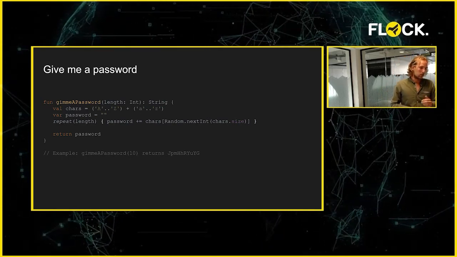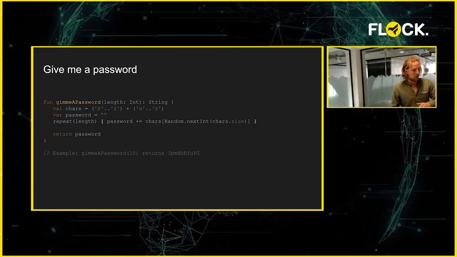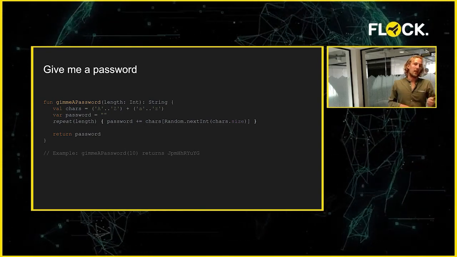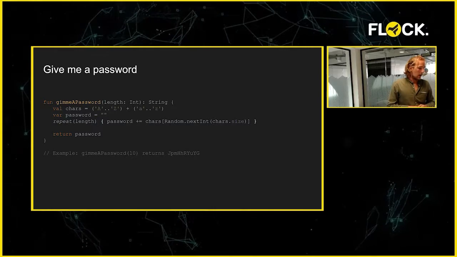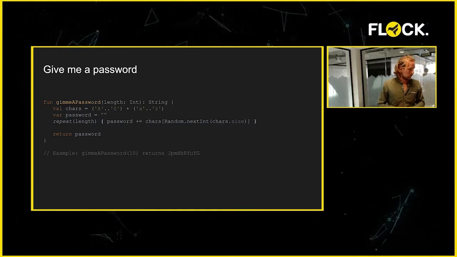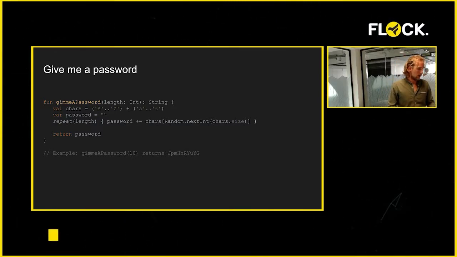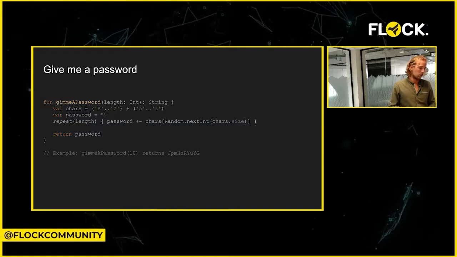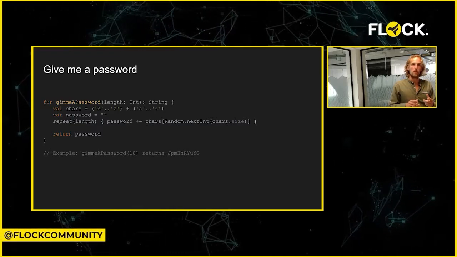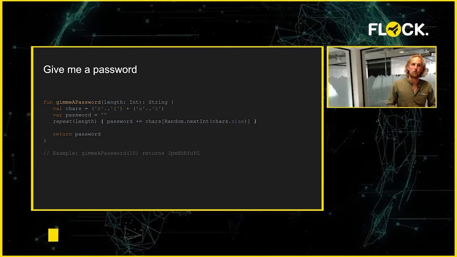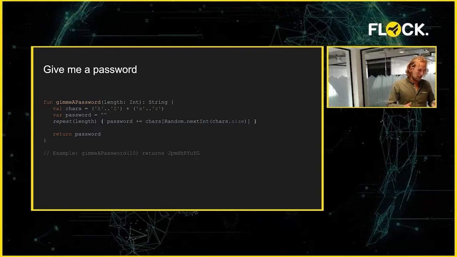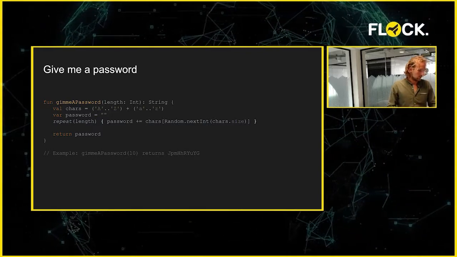Then we just repeat: from the Random class from Kotlin, get the next integer given the size of my character pool, and keep adding that to my password. Then you return that, and there's an example on the bottom. If you call it with argument 10, it returns just some random string. A pass garble, you might call it.